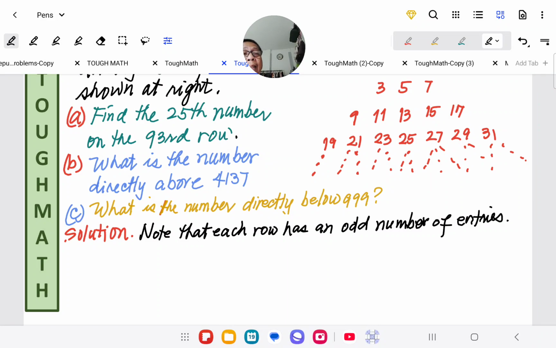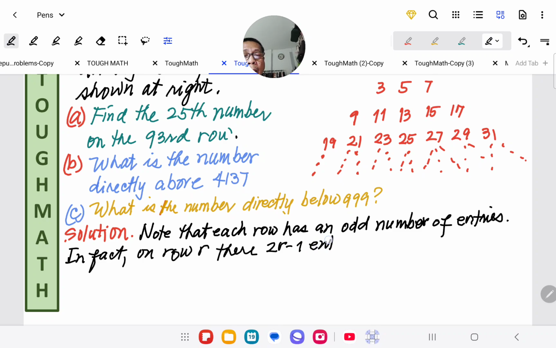So when I say entry or entries, these are numbers in the triangular arrangement. So there are an odd number of entries on every row. In fact, on row R, there are 2R minus 1 entries.